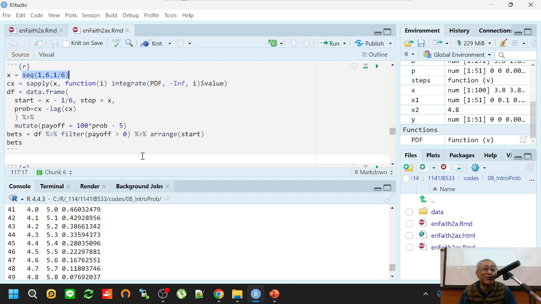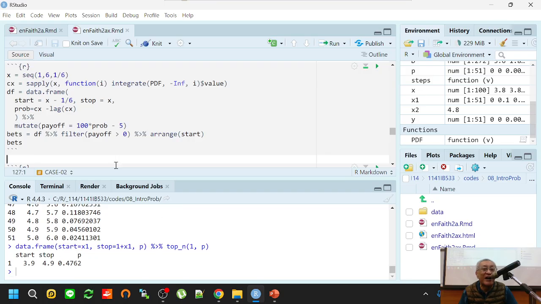So first we need to specify the starting time. This time I start from 1 and end at 6, in steps of 1/6 of a minute, because the unit is minutes, and 10 seconds is 1/6 of a minute. So I put the starting time here.